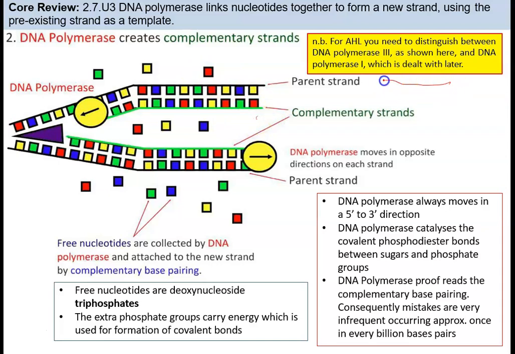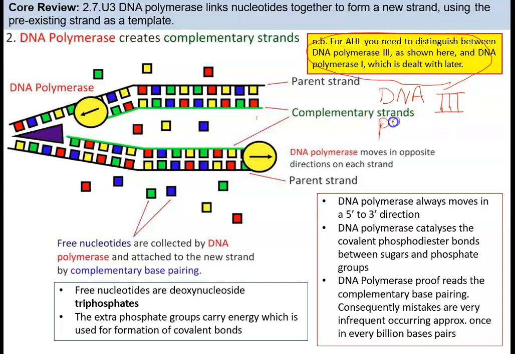Look at this box. This is important. For HL students, you need to know the differences between DNA polymerase 3 and 1. All the functions that you already learned for DNA polymerase were for DNA polymerase 3.